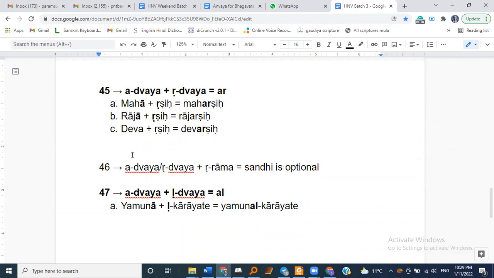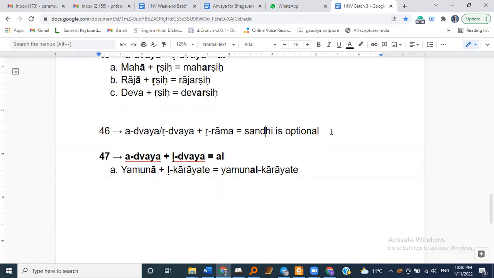It becomes a little easy if we put it in equation form like this. So I try to do that. So Sandhi is optional. So you can do it or not do it. There's no particular reason for doing it or not doing it. It actually comes when you're composing.